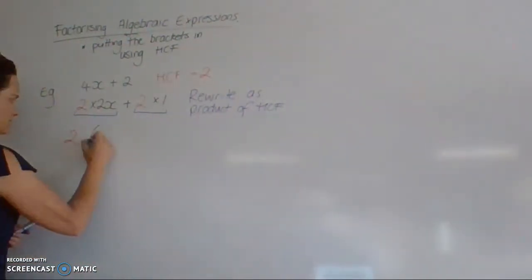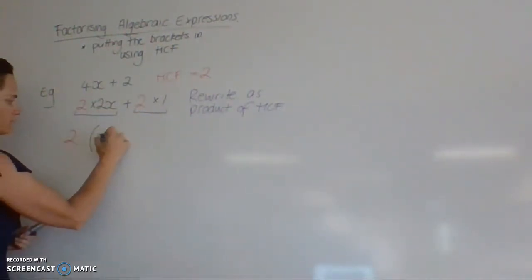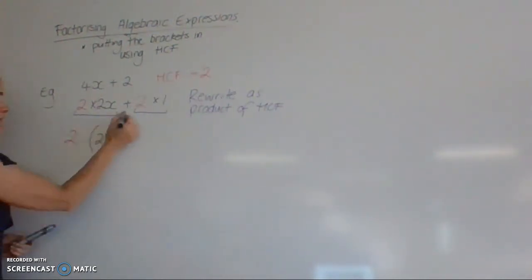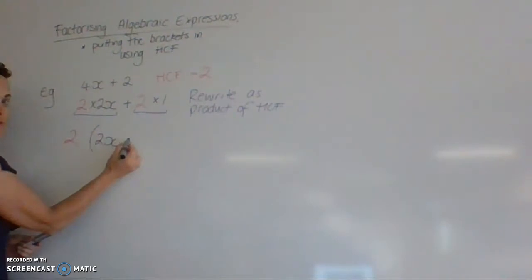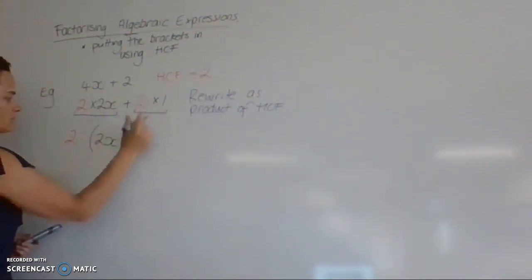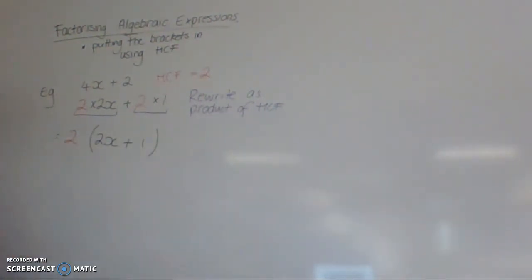And then we've got bracket. Now what's left out of this term here when we take that 2 out? We've got 2x. Remember, this means 2 times 2x. Then we've got the plus that we bring down here. Then we've got 2 times 1. Okay, so that's factorising that. And check it by expanding.